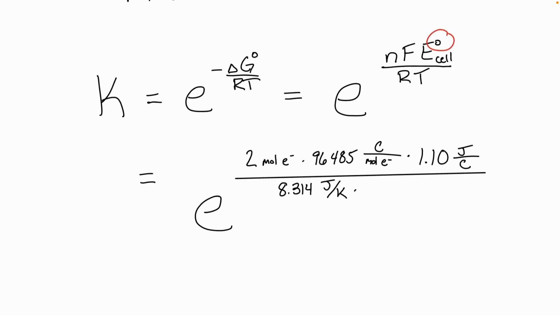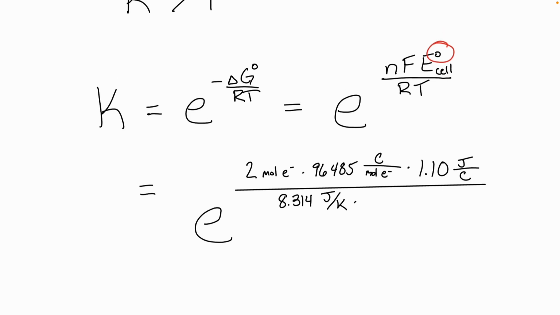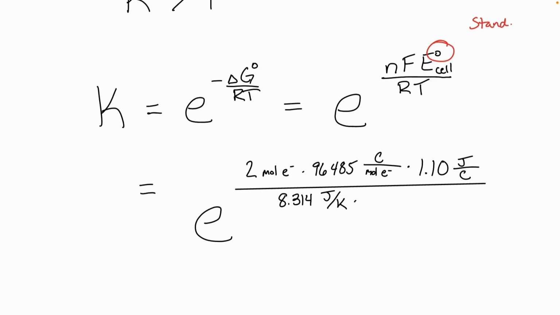We've always been talking about the standard cell potential, so that keyword standard means that we're talking about this battery under standard conditions, which is 25 degrees Celsius, or converted to Kelvin, 298.